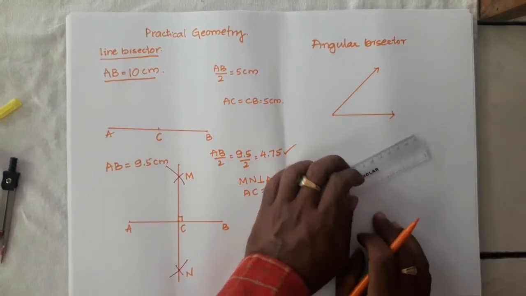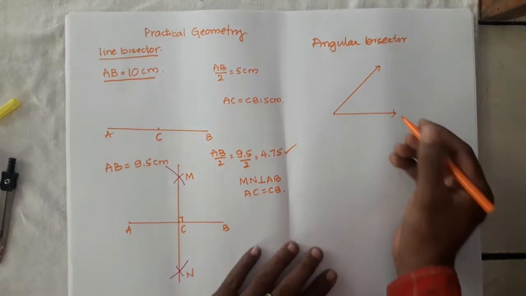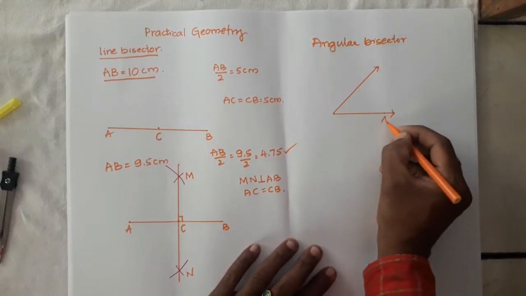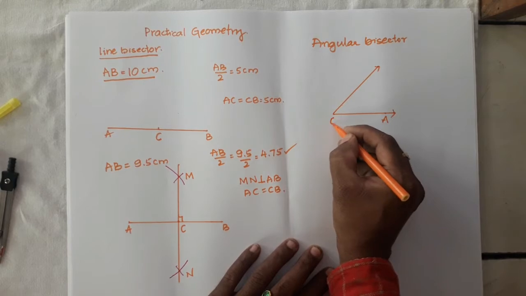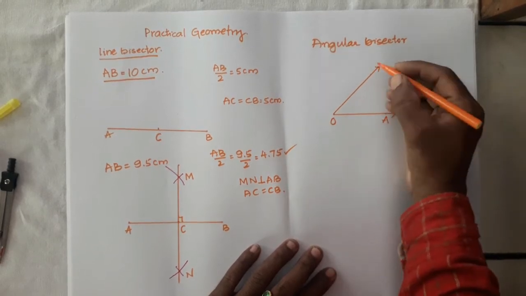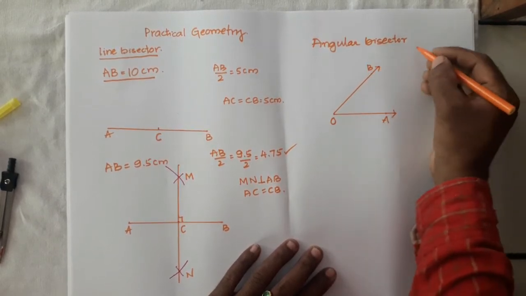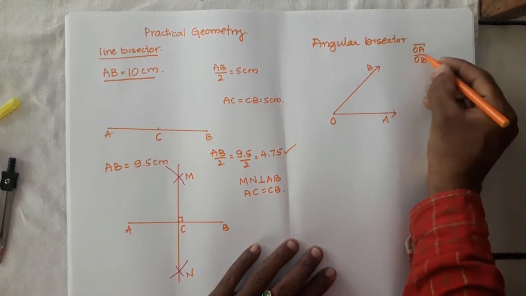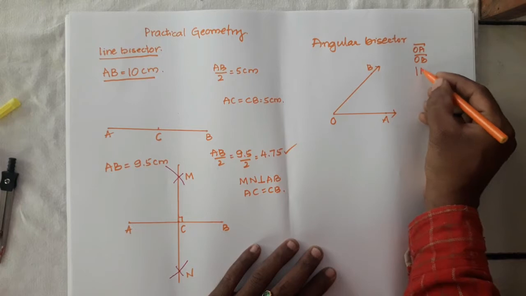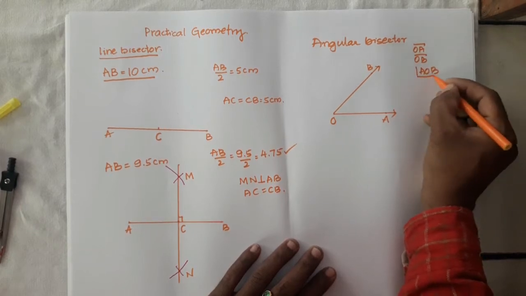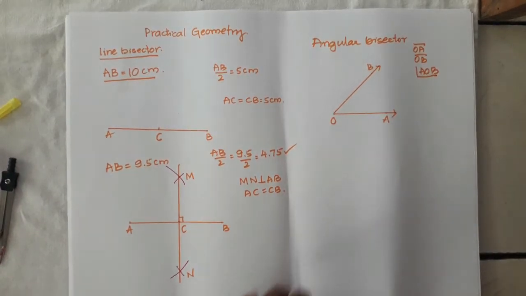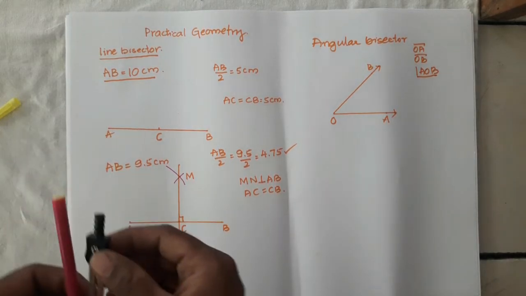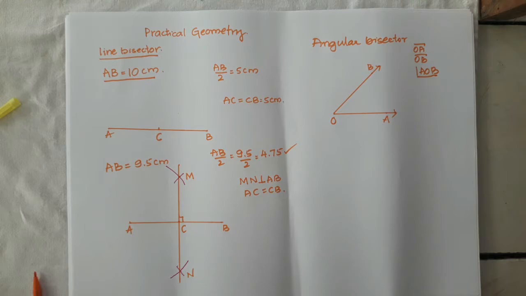Here is an angle. If I name this as A, the initial point as O, this as B, ray OA and ray OB form angle AOB or angle BOA.